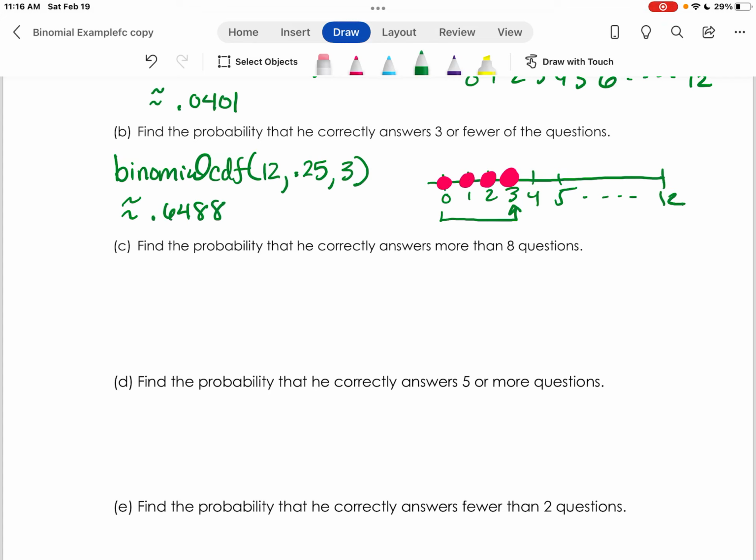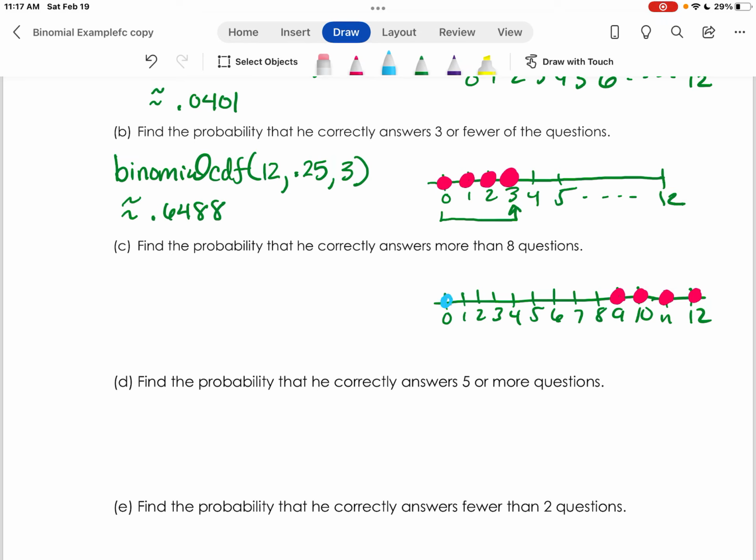Okay, now part C says, find the probability that he will correctly answer more than 8 questions. So when we look at the number line, more than 8 means he's going to answer 9, 10, 11, or 12 correctly, which means since we can only do the accumulated CDF, we can only go from 0 and up to a certain number.